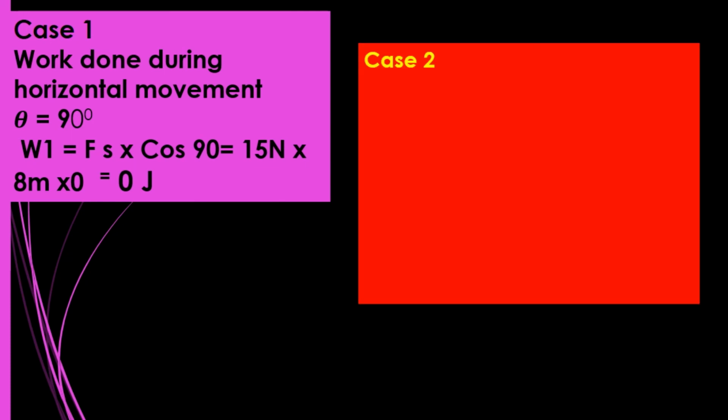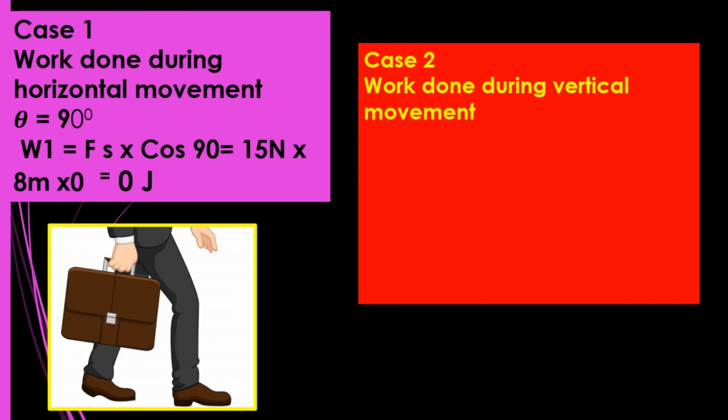Now let's find out the work done during his upward movement. During vertical movement or upward movement, we can observe the direction of the force and the displacement. The force and displacement are in the same direction. The theta is 0 degree.